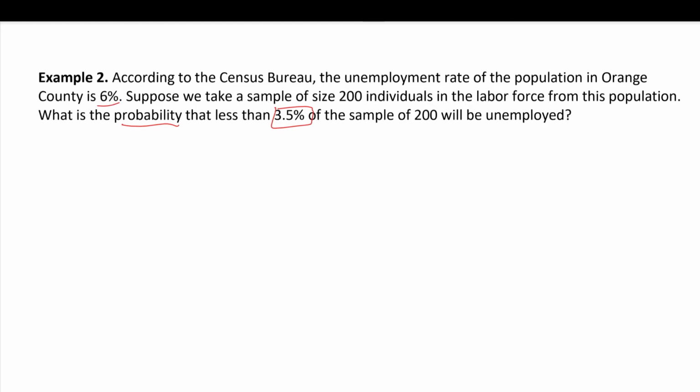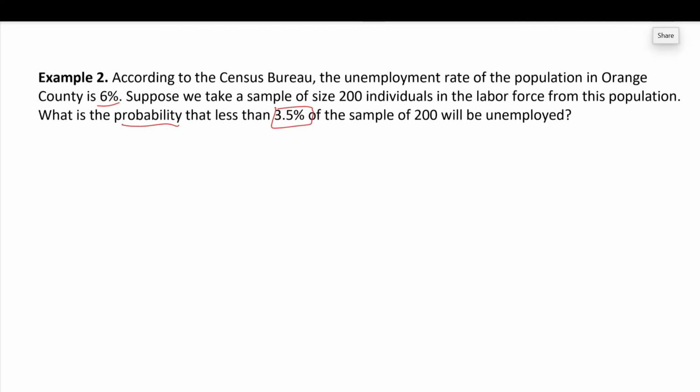That would be your p, and so forth. And 3.5% of 200 is 7. So you can think of this as what's the probability that less than 7 of the 200 are unemployed. You can think of it as a binomial, but we're not going to, because in this section we're seeing if we can apply the normal approximation.